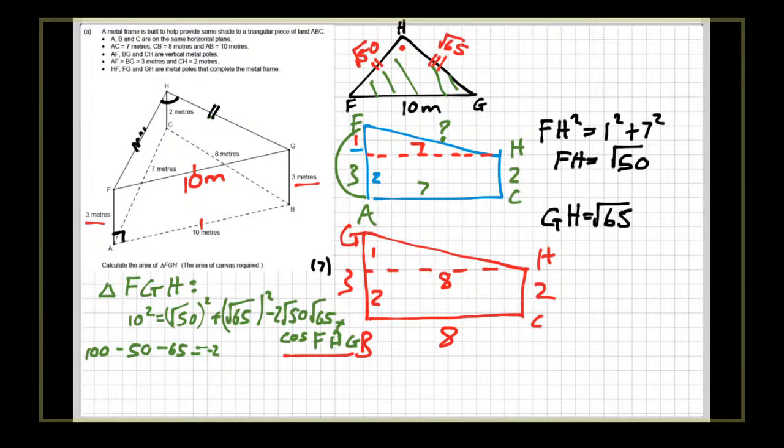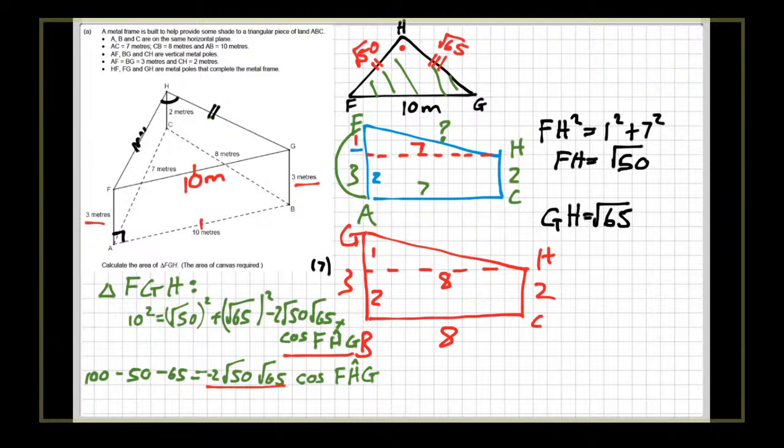Let me quickly move this down a little bit. Then I'm going to divide both sides by this expression, negative 2 root 50 root 65, over negative 2 root 50 root 65.